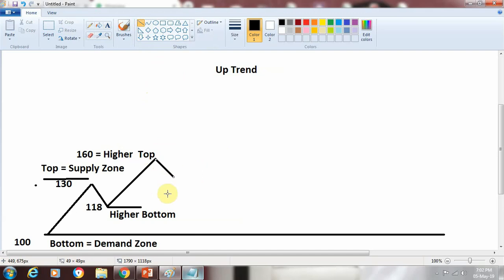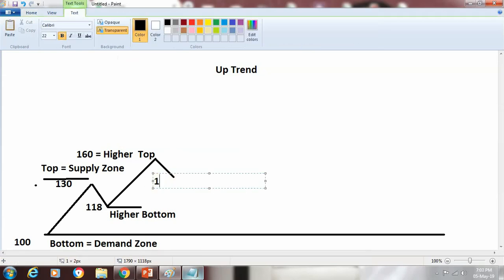Say it comes here till 144, right? So now again what we see is that my bottom, which was earlier at 100, then 118, is now at 144. So 144 is again a new higher bottom, right?